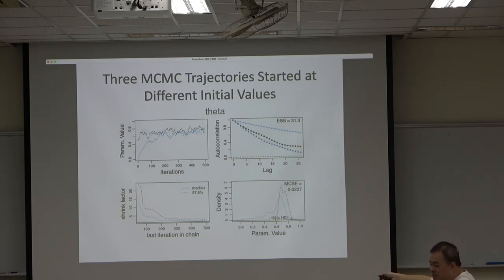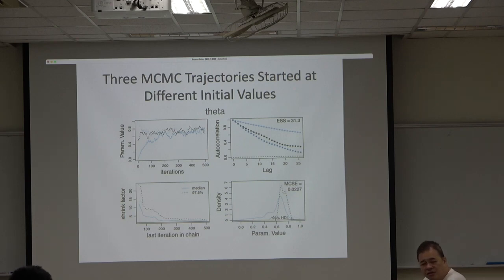But before 400 or 500 iterations, these three chains are still very far apart from each other.